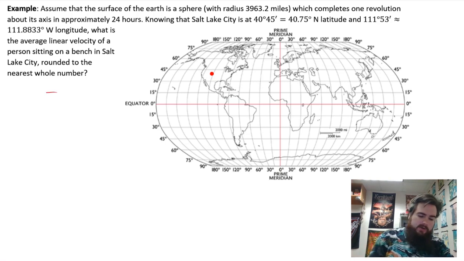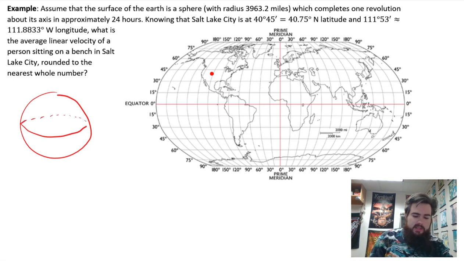So, if we think about the Earth as a sphere in this case, something like this. If we were sitting on the equator, then we would be sitting on a circle of revolution that has a radius of 3,963 miles. However, we are sitting at about 40.75 degrees north latitude.